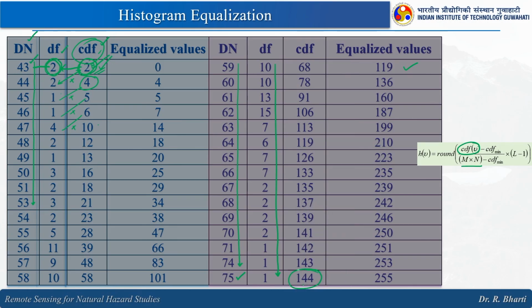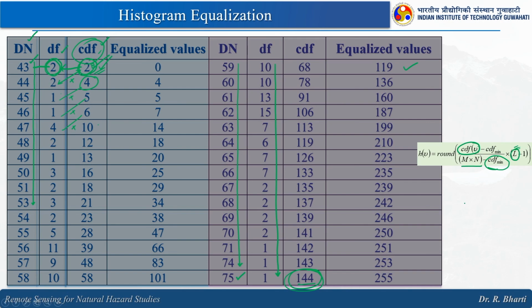It is a very good idea to cross check whether this is matching with your m by n or not. And then you have again CDF min, and L is your quantization level, whether it is 256 or 16-bit, whatever radiometric resolution you want in your data, right.